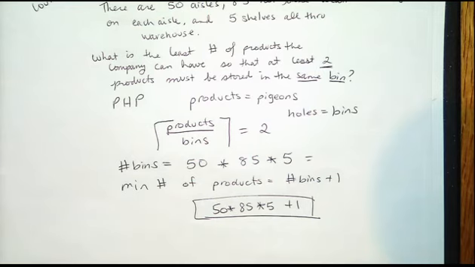Yes? We always use the ceiling in the pigeonhole principle. The question was, how do I know if I need to use the ceiling or the floor? I always use the ceiling because that's what the principle says. Remember when we introduced the pigeonhole principle, we said we assume the most even distribution possible.